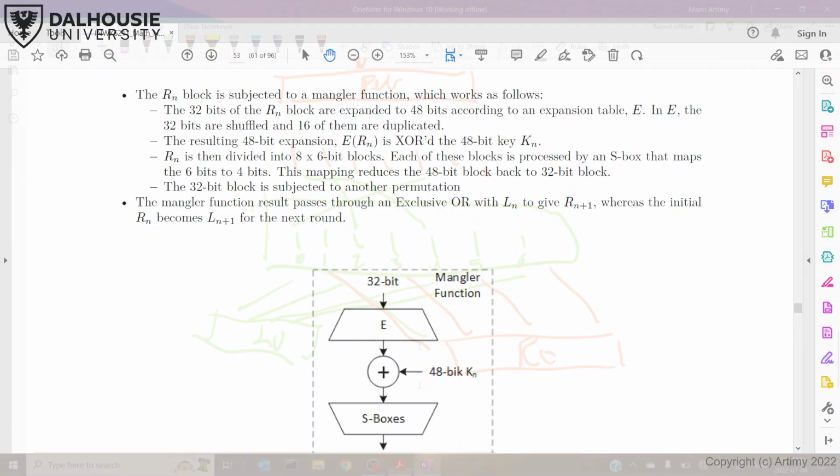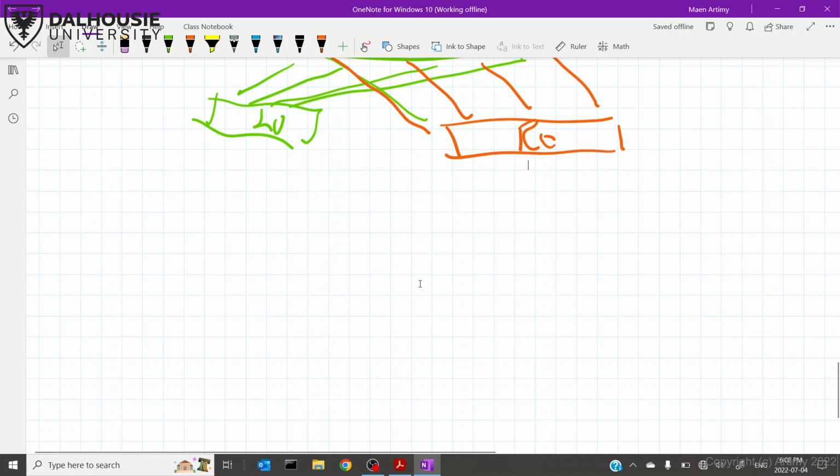So if I want to do this in a smaller scale, so let's say here we have 1 0 1 1 as input, not 32 but just small, so we can shuffle them first. So let's say shuffled, so here we shuffle them, and then take half of these and duplicate them.